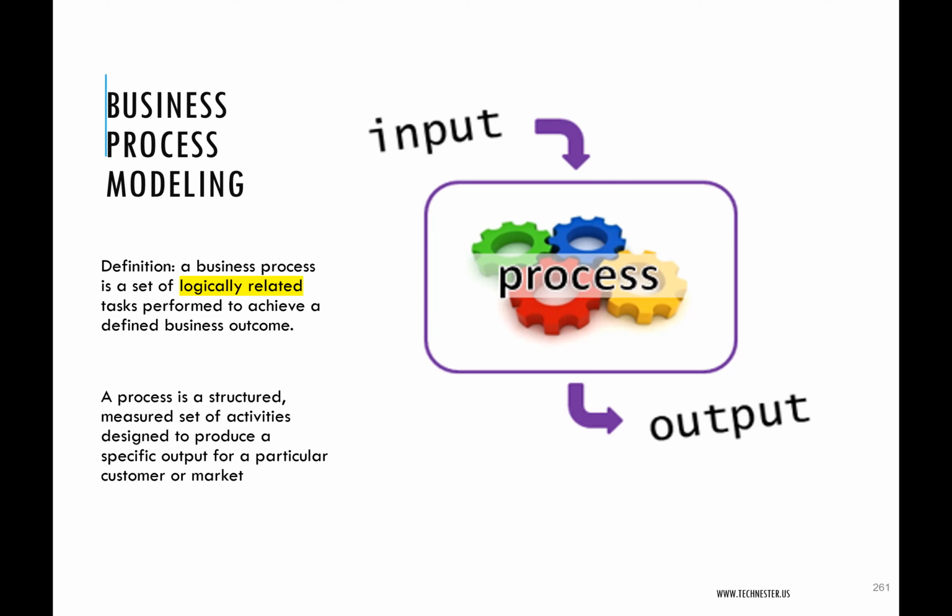The mind map provides a different perspective than the use case model. The use case will provide a different perspective than your process model. So either one is more detailed, or one is looking at the system from a different view, right? And that helps your different stakeholders be able to understand your system.